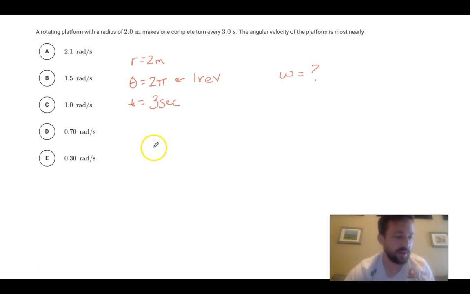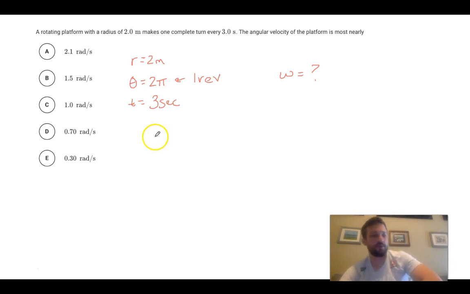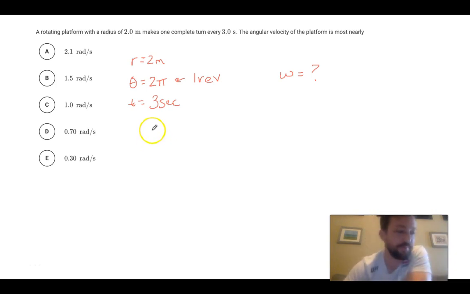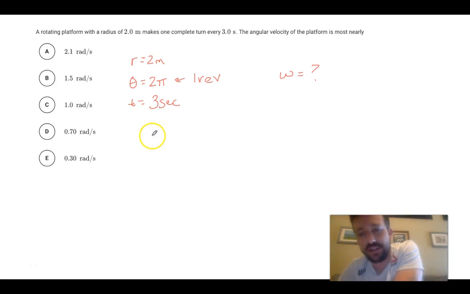Two times pi divided by the time, 3. Yeah, okay. So this one's very easy. I was getting a little confused because they're making it a little too easy for me, okay?